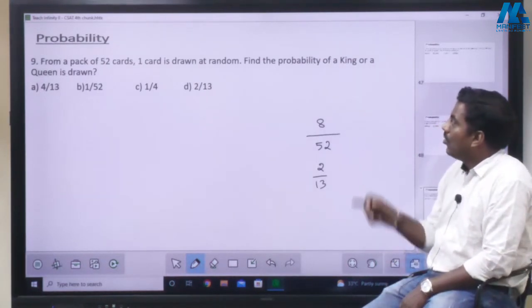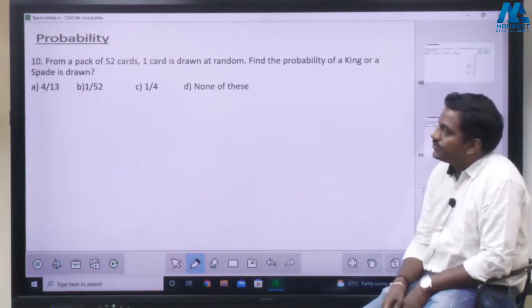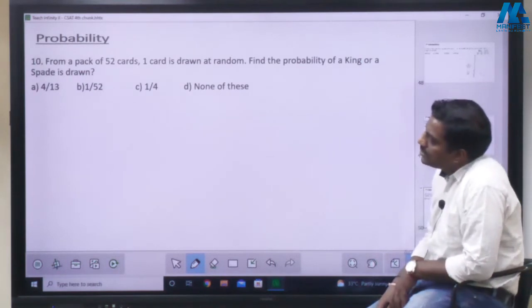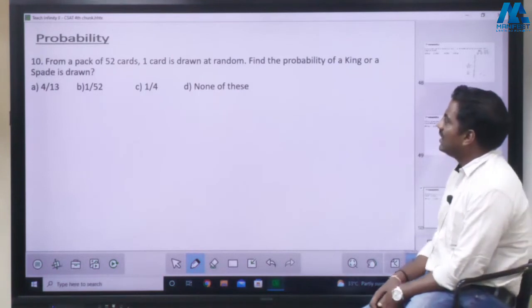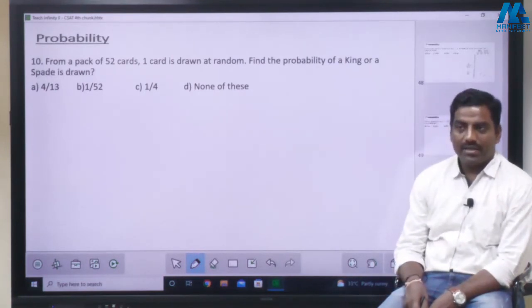Okay. Now, 8 by 52, 2 by 13 is done. Next, from a pack of 52 cards, one card is drawn at random. Find the probability of a king or a spade. King or a spade. How many kings will be there?